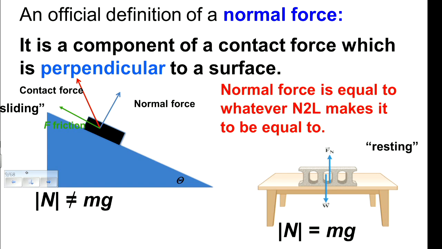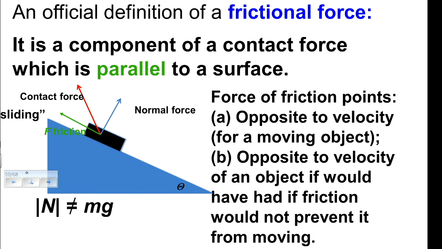Several slides later, we're going to talk about friction. So I just want to point at this definition and forget it for several minutes. As we said, when an object is on a surface, the force acting from this surface on this block might have any possible direction.